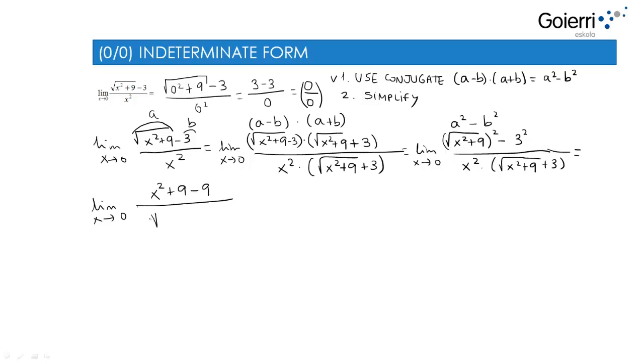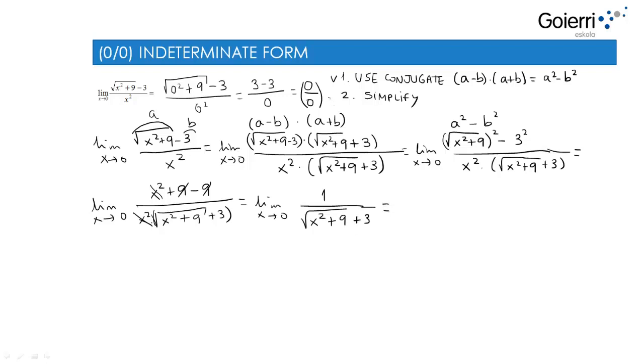And in the bottom, x squared times the square root of x squared plus 9 plus 3. 9 minus 9 is 0, and x squared over x squared we can simplify. So here I have the limit as x approaches 0 of 1 over the square root of x squared plus 9 plus 3.